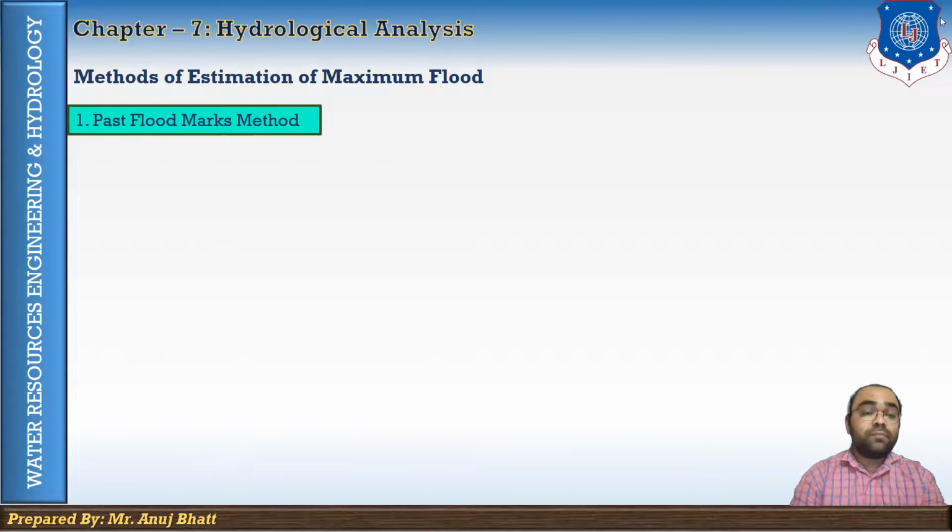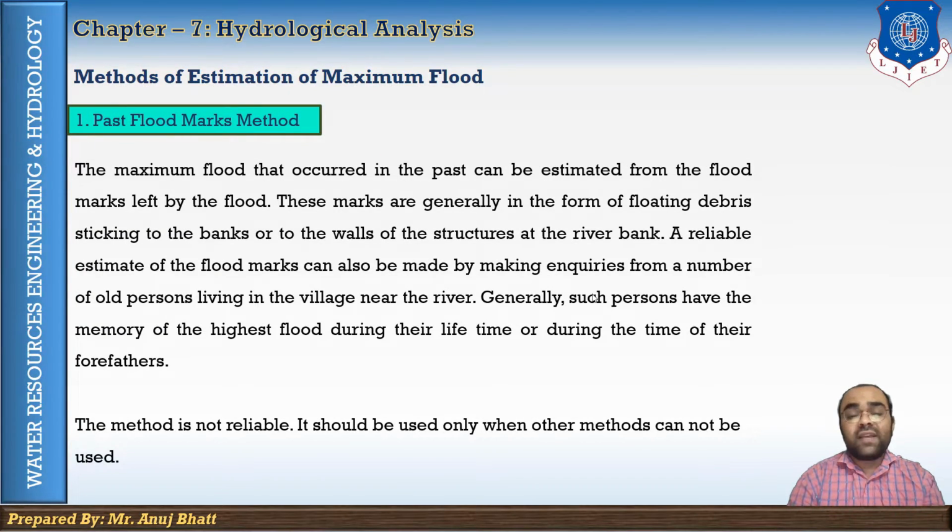The first method is the past flood method. The maximum flood that occurred in the past can be estimated from the flood marks left by the flood. These marks are generally in the form of floating debris sticking to the banks or to the walls of the structures at the riverbank.